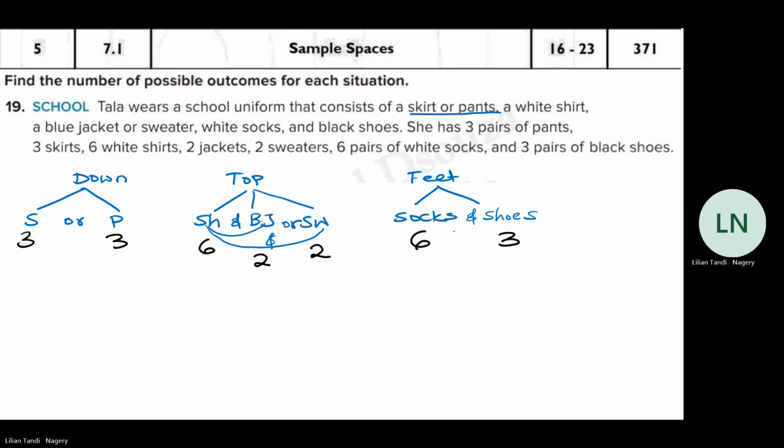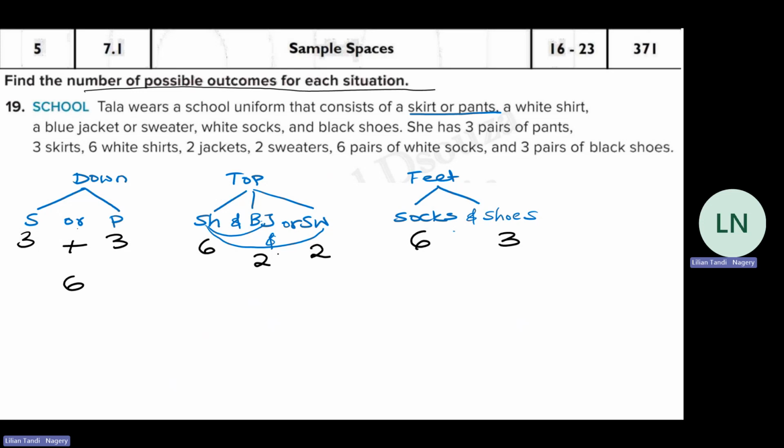Okay? What does the question want? Find the number of possible outcomes. Okay? So, you have to think. Okay? So, because you said or, you're going to put plus here. So, down, she has 6 different options.